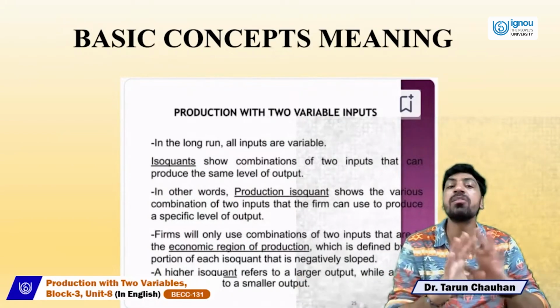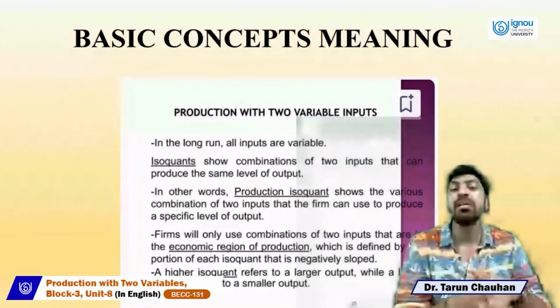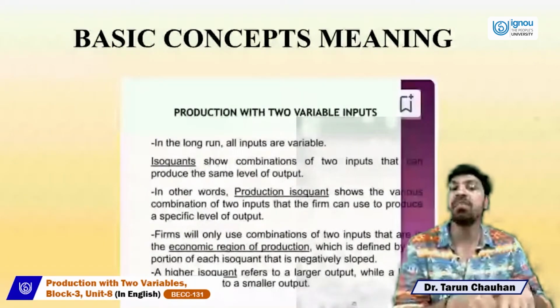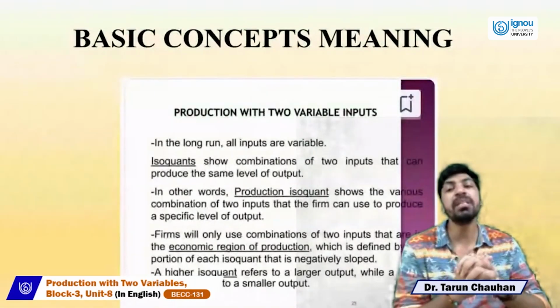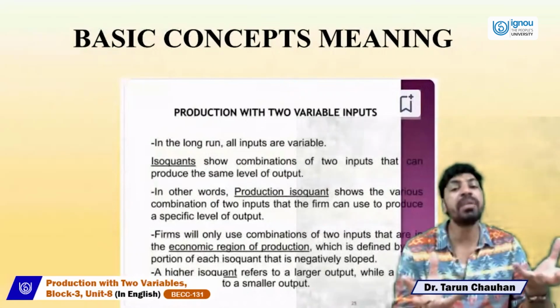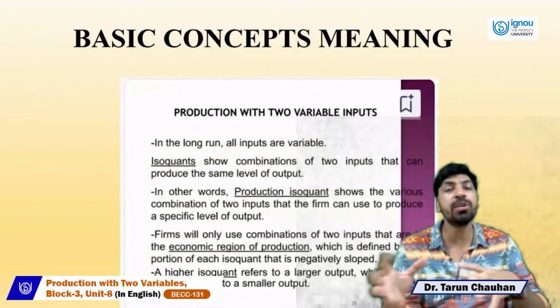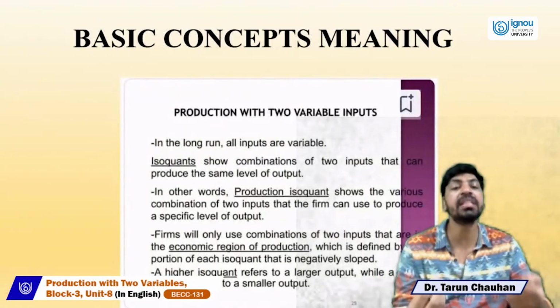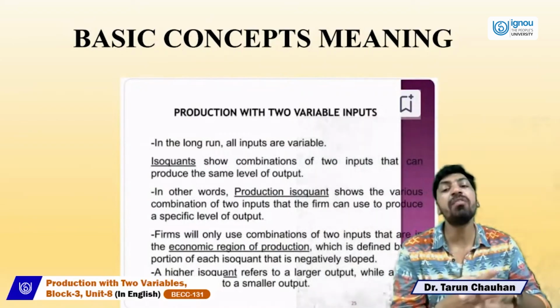So the isoquant has a condition: any two inputs that can be combined to produce the same level of output, that is called an isoquant. The next concept is the production isoquant. It shows the various combinations of two inputs with which the firm is able to produce a specific quantity, or in other words a specific level of output.